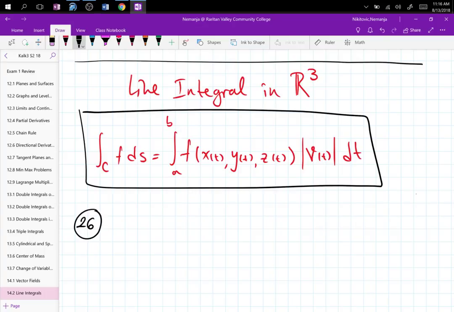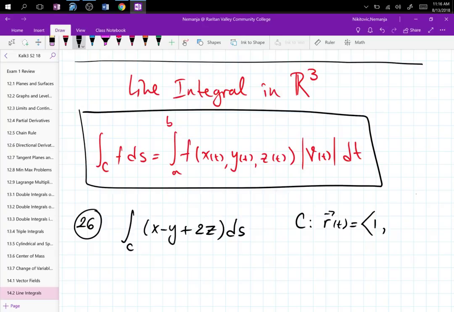So we are integrating x minus y plus 2z ds, and the C is given as vector r of t. Now this is already parametrized for you. 1, 3 cosine t, 3 sine t, where t is between 0 and 2 pi, we're parametrized over the entire circle.